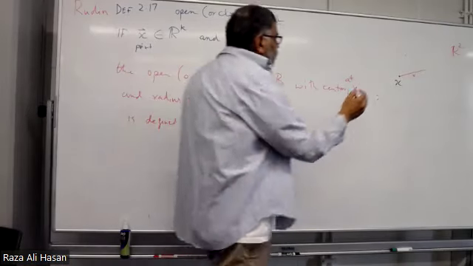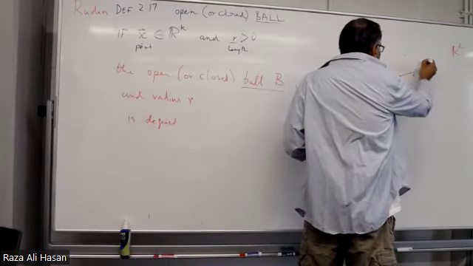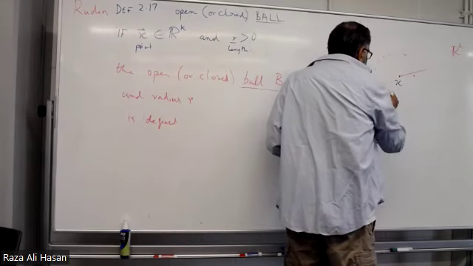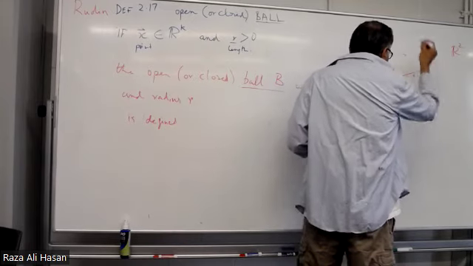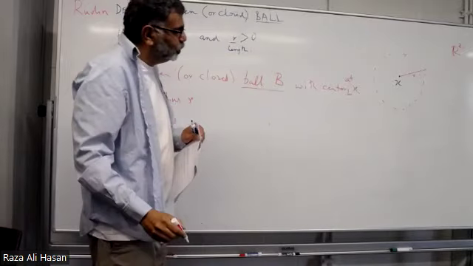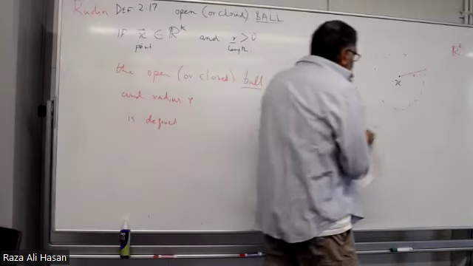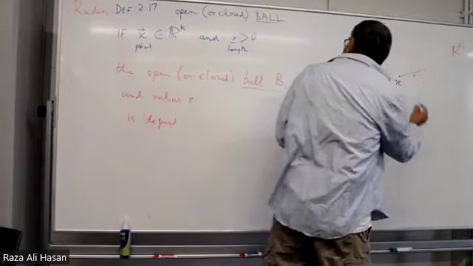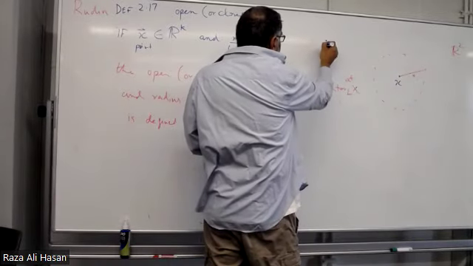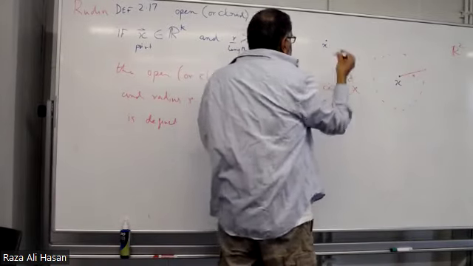So let's do that. We have a ball, that's supposed to be round. And let's draw another one here, actually up here. We have a second ball with the same radius r.